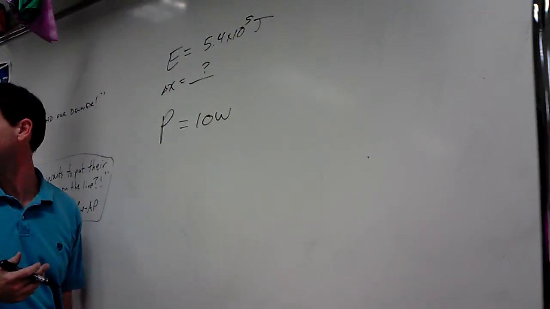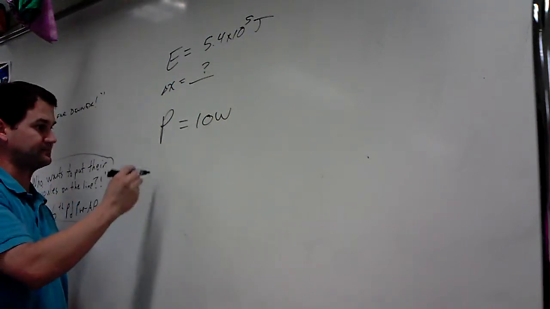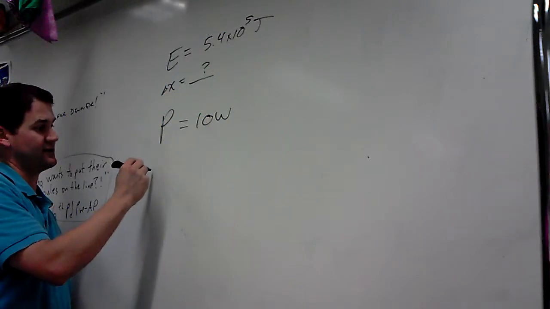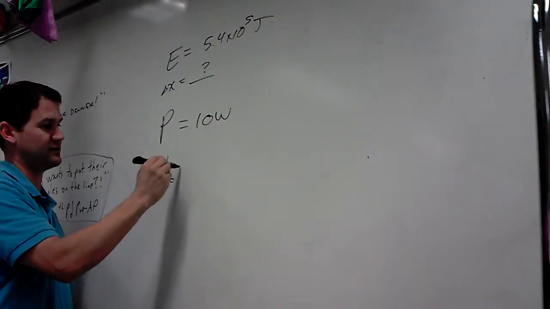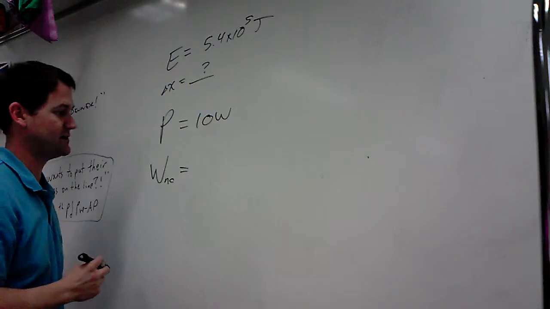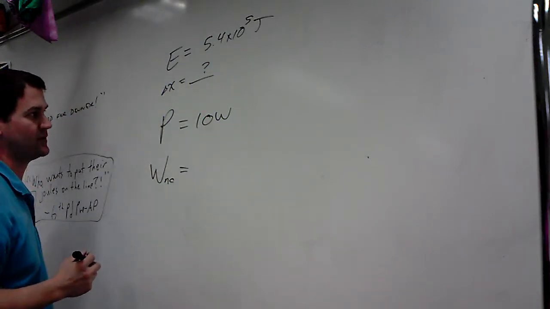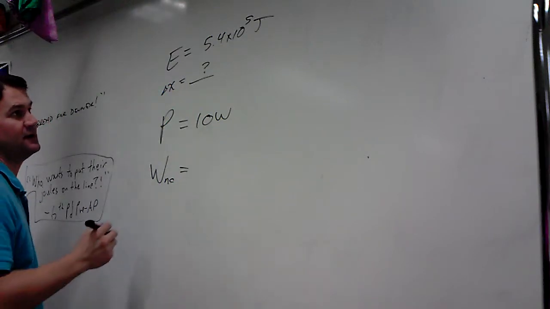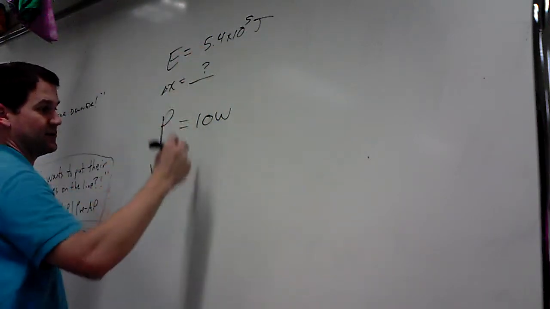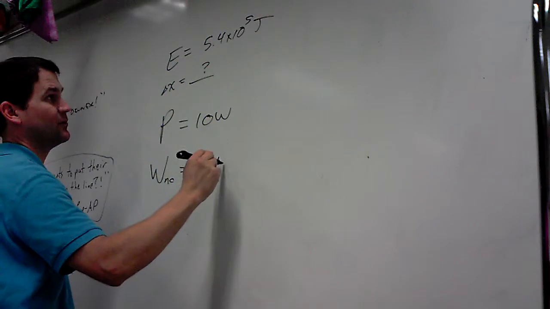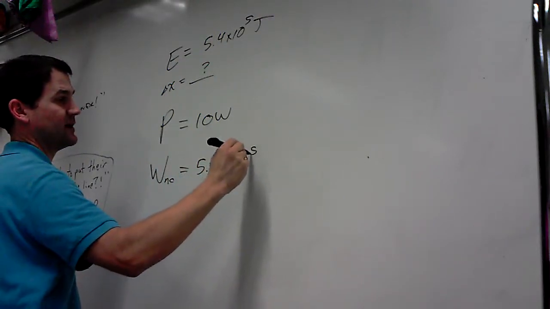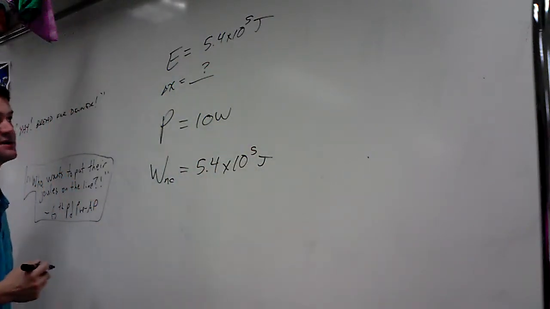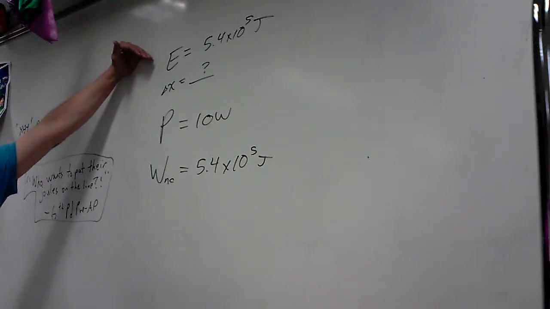There's work done by non-conservative forces, and that work is going to equal all that energy. We're going to run out of energy when the work done by non-conservative forces uses up my available energy.